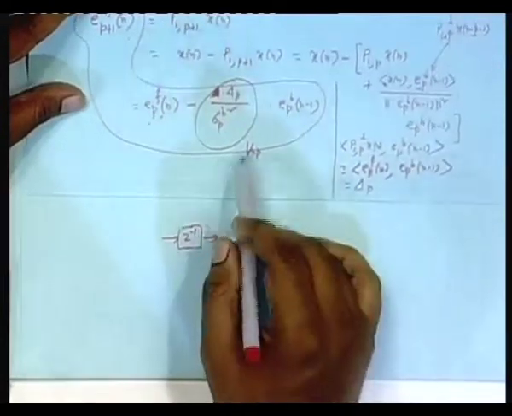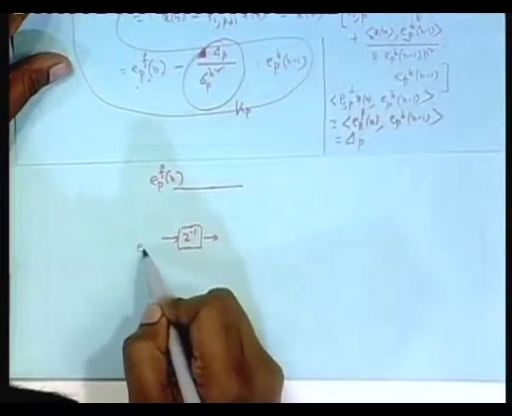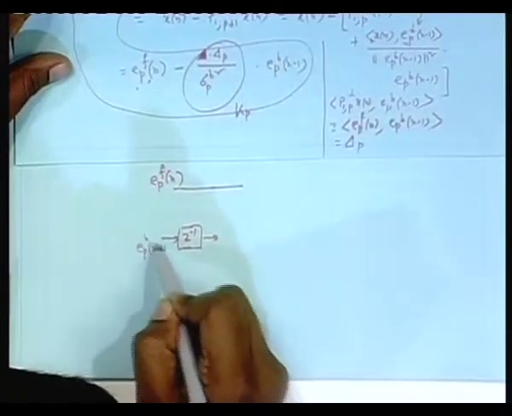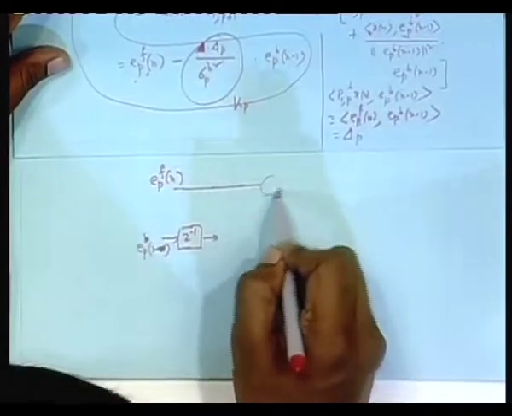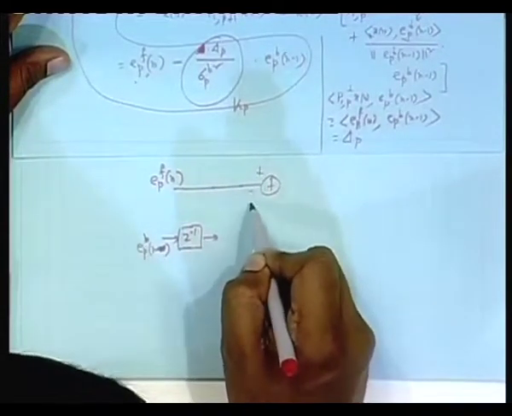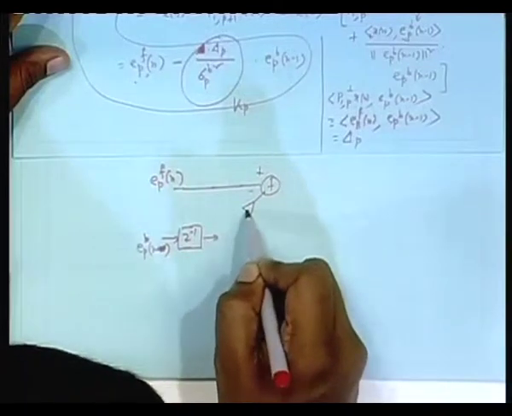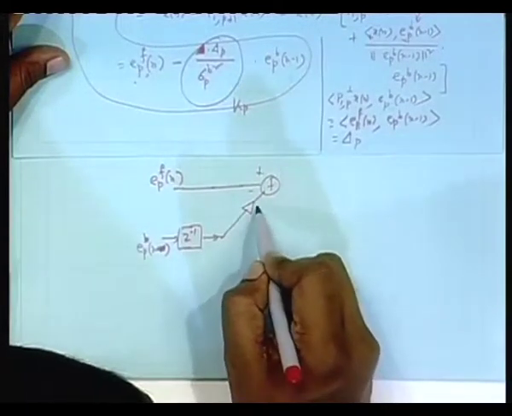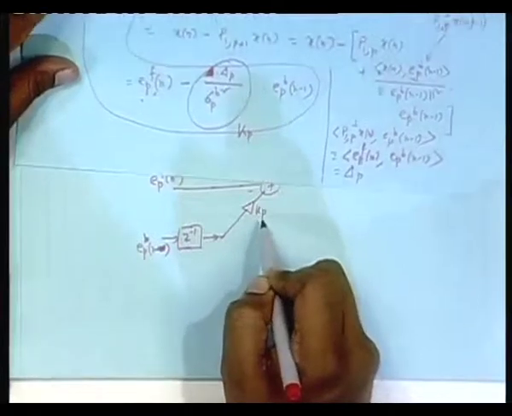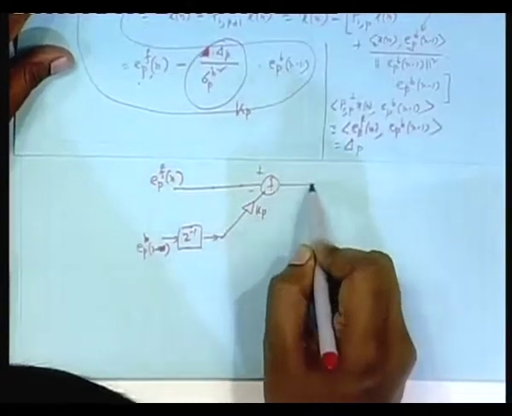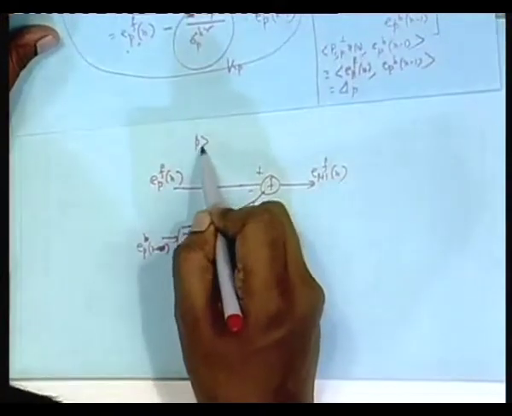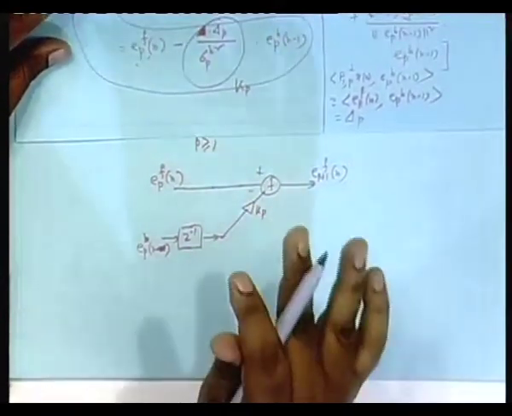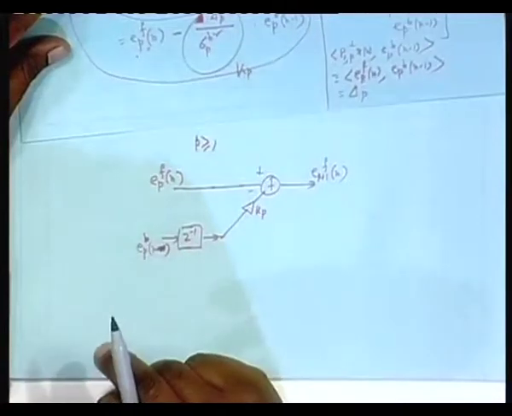Kp times this backward, sorry, this is n, so this is n minus 1. But it is independent of n because of stationarity. This is for p greater than or equal to 1, mind you. Initially I took the minimum value of p to be 1, but this will work also for p equal to 0, that we will see.